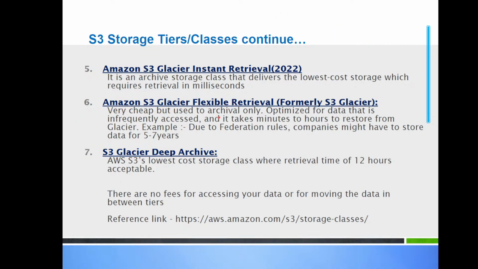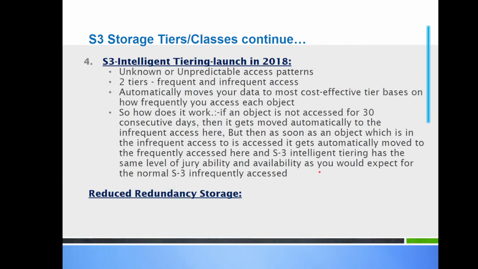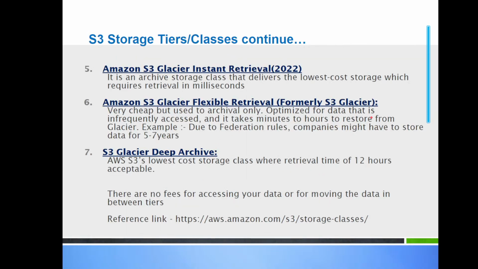So what Amazon does: let's say previously you were paying 100 rupees, 80 rupees, 40 rupees, but now if you keep your data in Glacier, you have to pay only 20 rupees to store the data in Glacier.